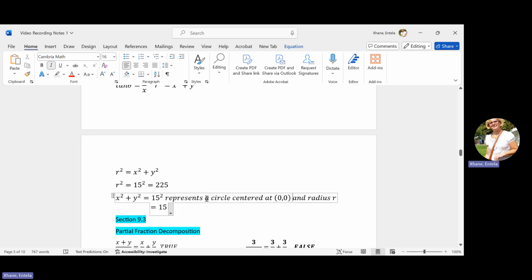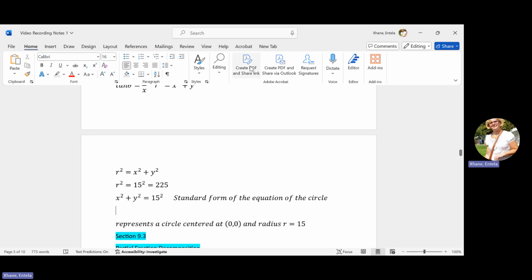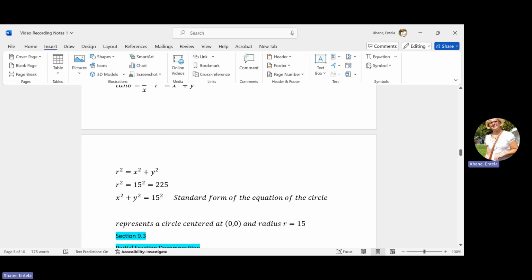So it is well recognized as a curve. If you recall the equation of the circle, I'm going to write that down. This is what we call the standard form of the equation of the circle.